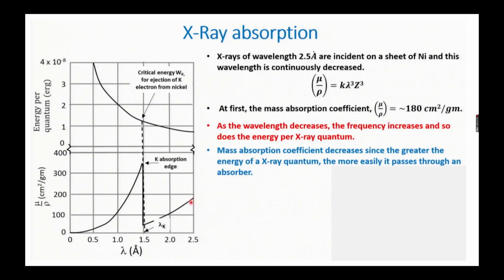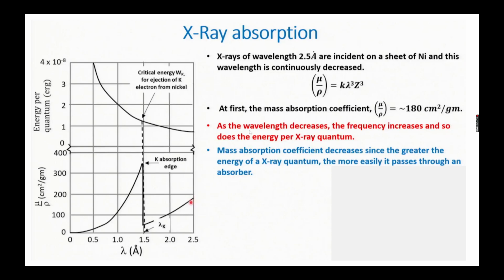So we'll move towards this slide. Here you can see mu by rho. Like he has already said, mu is the linear absorption coefficient and rho is the density, so mu by rho is your mass absorption coefficient.